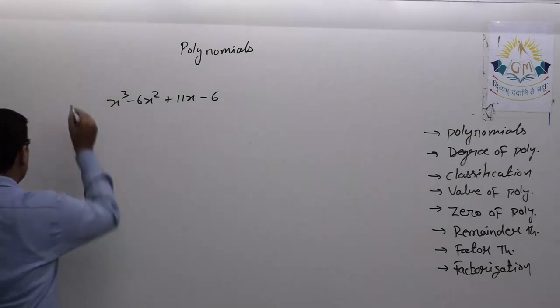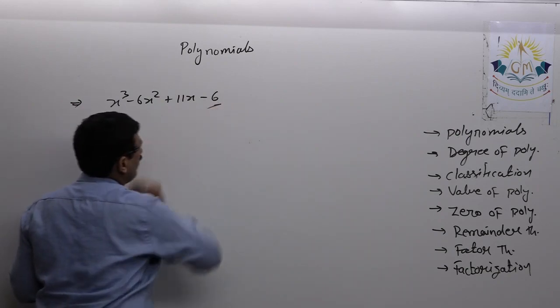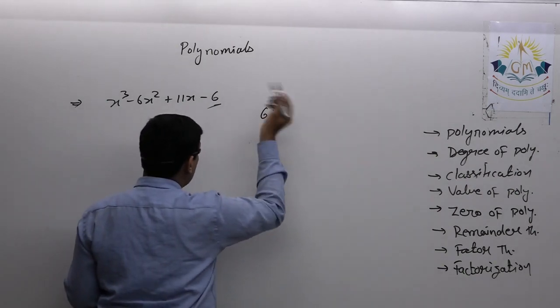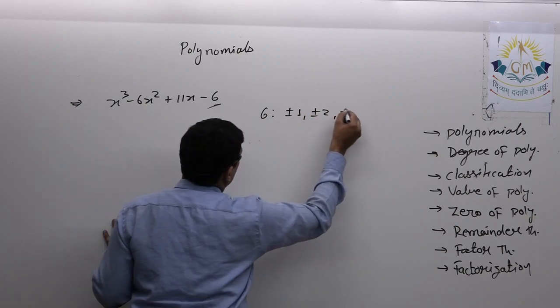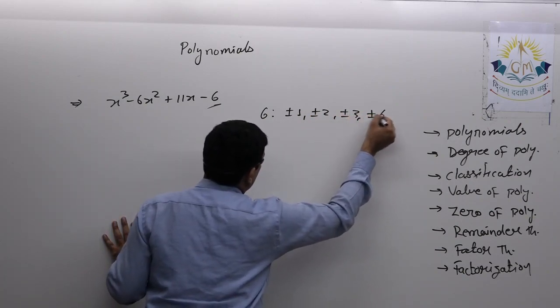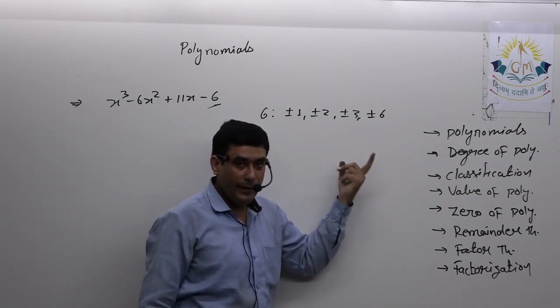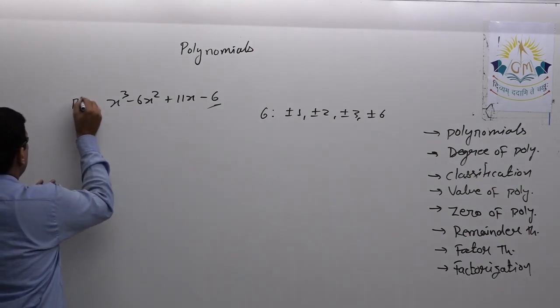So the method is that first of all find the factors of the constant term, with both the signs. So I can write plus minus 1, plus minus 2, plus minus 3, plus minus 6. Now definitely one of these 8 values gives you 0.